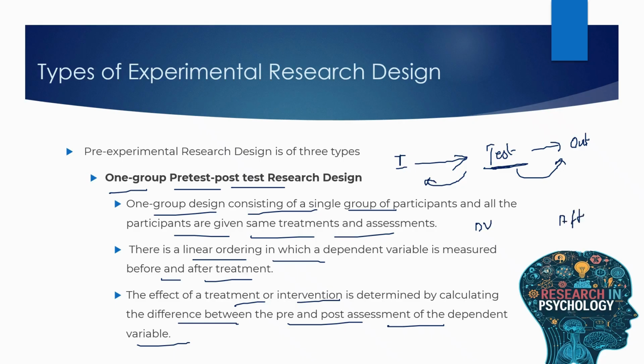And subtracting this, you get the final outcome. So in the earlier type, what we were doing in one shot, you were just checking if there is an effect at all. Here, you are checking what is the effect. Okay, you will find out the actual effect that has come because of the treatment.